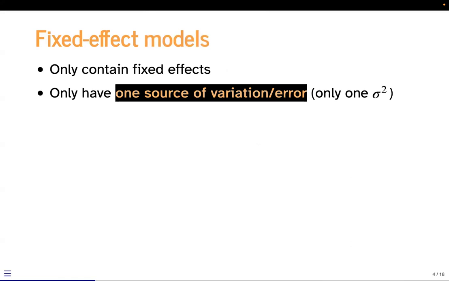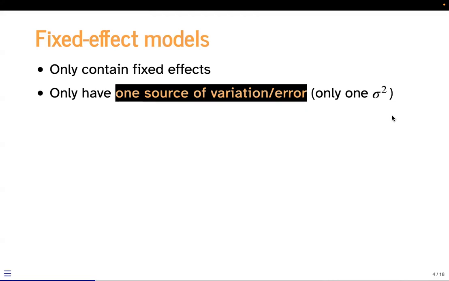Also, because of that, every single model that we run has at least one source of variation or error. In our case, if you're using a fixed effect model, that source of variation or error is our Eijk that we used to estimate the sigma square E, right?